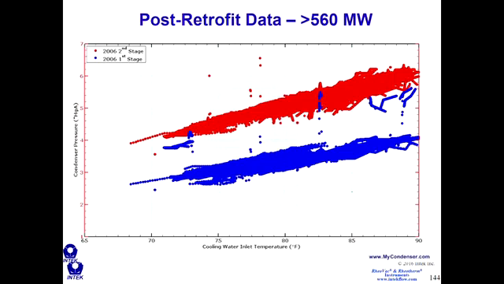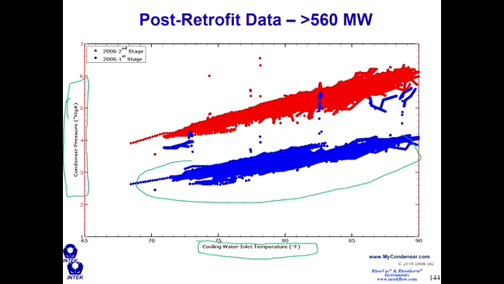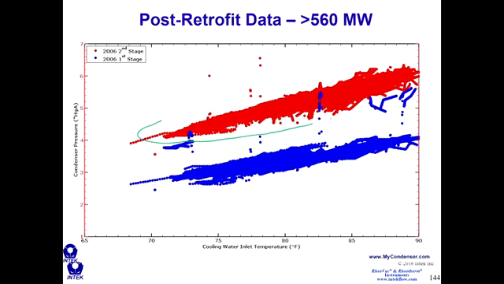And so here's some more data from that same case study. What I'm going to show here is condenser pressure on the y-axis, and the cooling water inlet temperature on the x-axis, and what you can see here is the LP shell pressure, the low pressure shell pressure, shown in blue dots, the high pressure shell shown in red dots, and this is for year 2006.